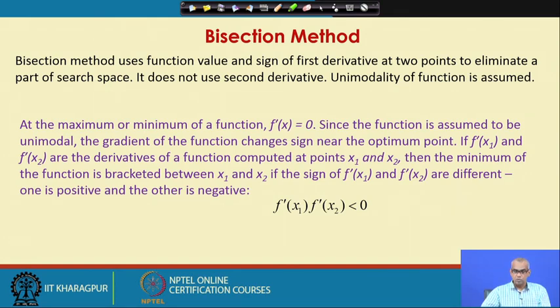So, if we keep track of the sign of the gradient, it must change from some positive value to 0 and then negative. So, around the optimal point there will be a change in the sign of the gradient.